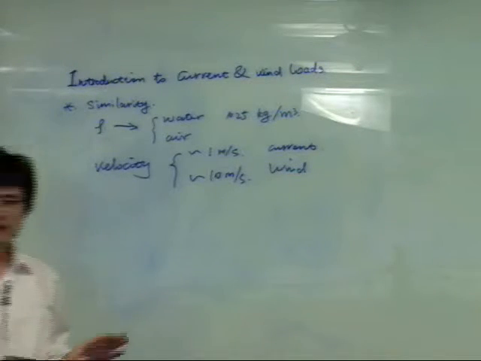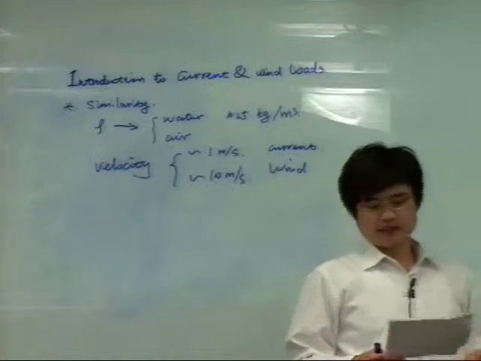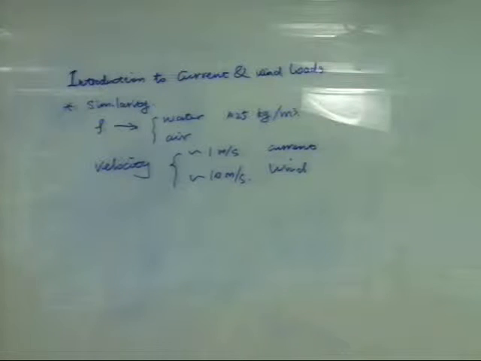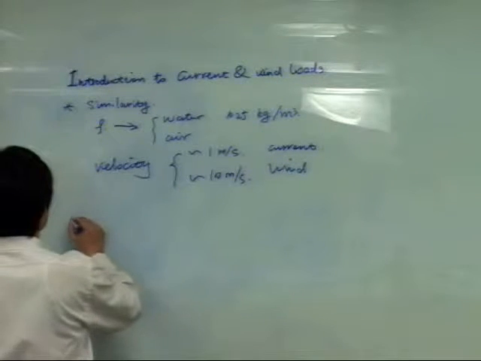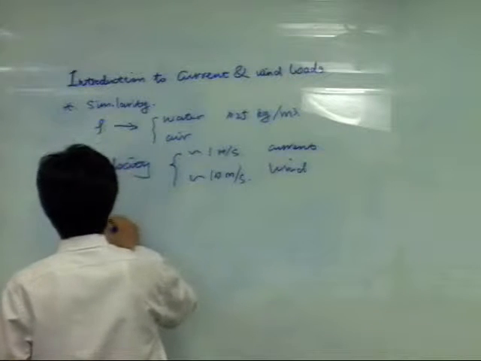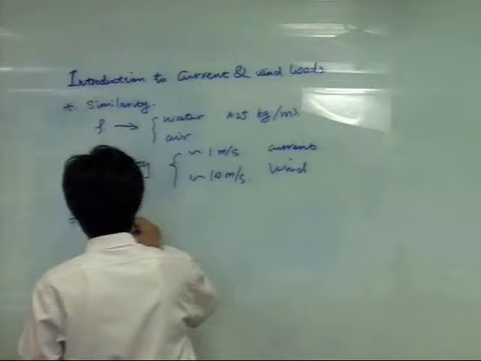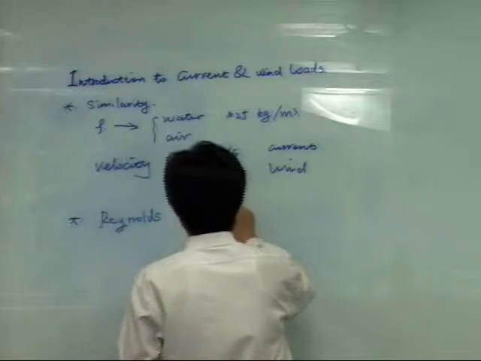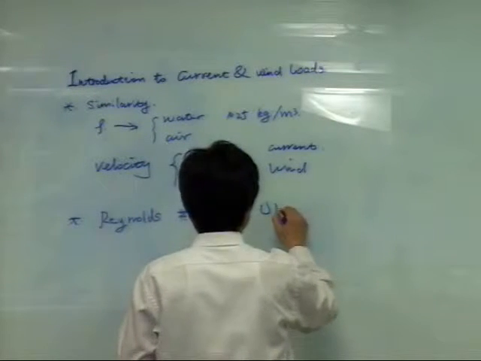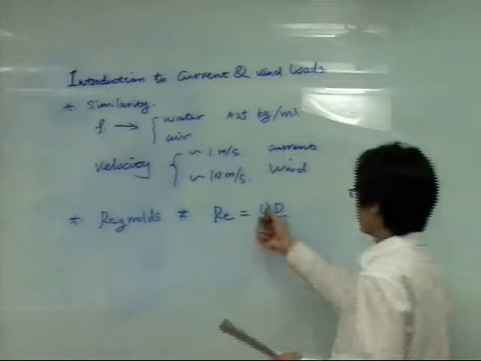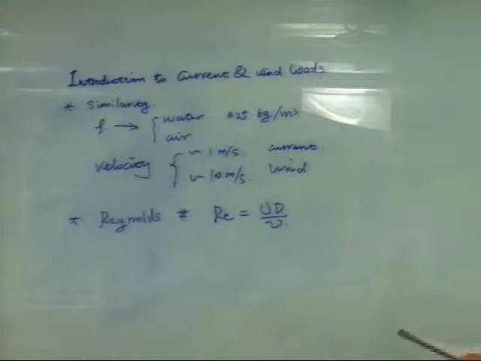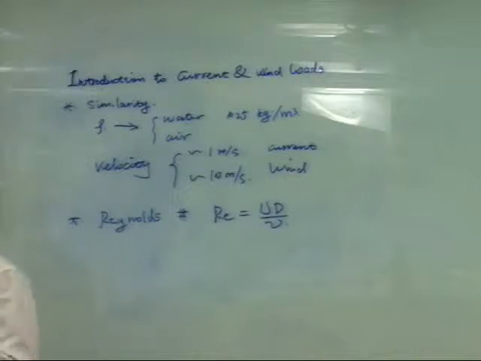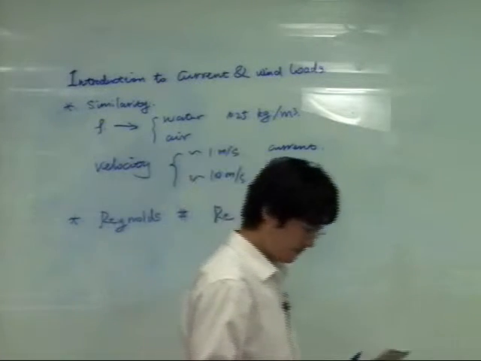Okay, so there are many factors to characterize the flow, and there are very many important effects to consider in the characterization. One of the most important parameters is the Reynolds number, which is defined as here. Here we assume U is the characteristic velocity, D is the structure length scale, nu is the kinematic viscosity.